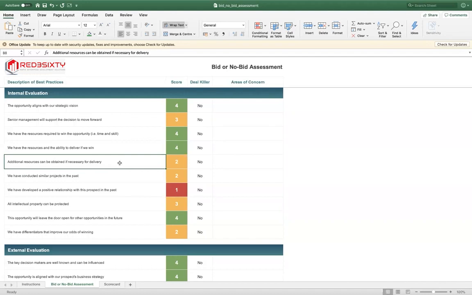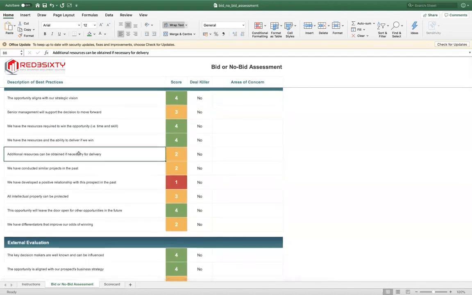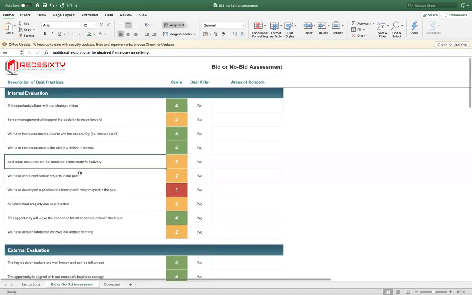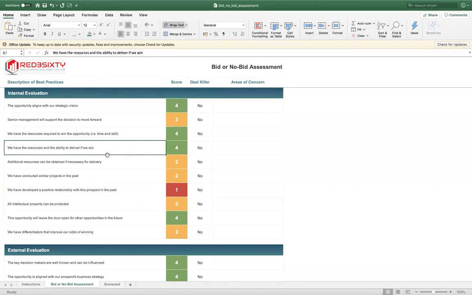So definitely the internal evaluation is looking at the internal resources for the specific opportunity that we are pursuing and whether or not we have those internal capabilities to pursue this. A deal killer, if we look at "we have resources and ability to deliver if we win": if we're looking at the opportunity and we don't necessarily have all the resources available to deliver if we win, that's not necessarily a deal killer, because those resources can be acquired.